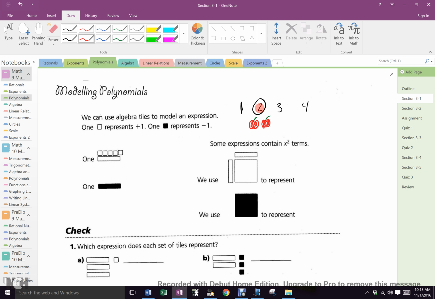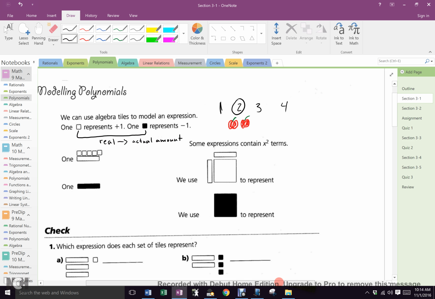Everybody good? Okay. These things are real. So when we are using these things to represent numbers, we have to use the actual amount. Does everybody understand? Yeah.